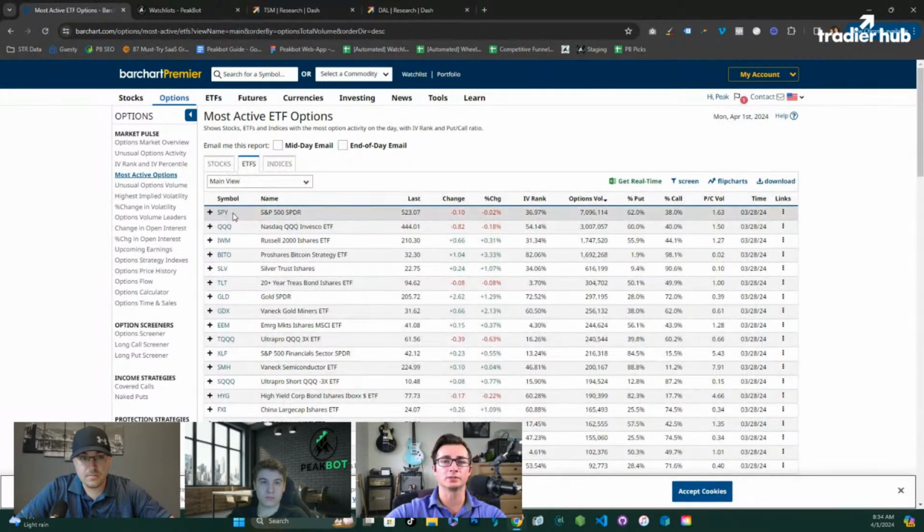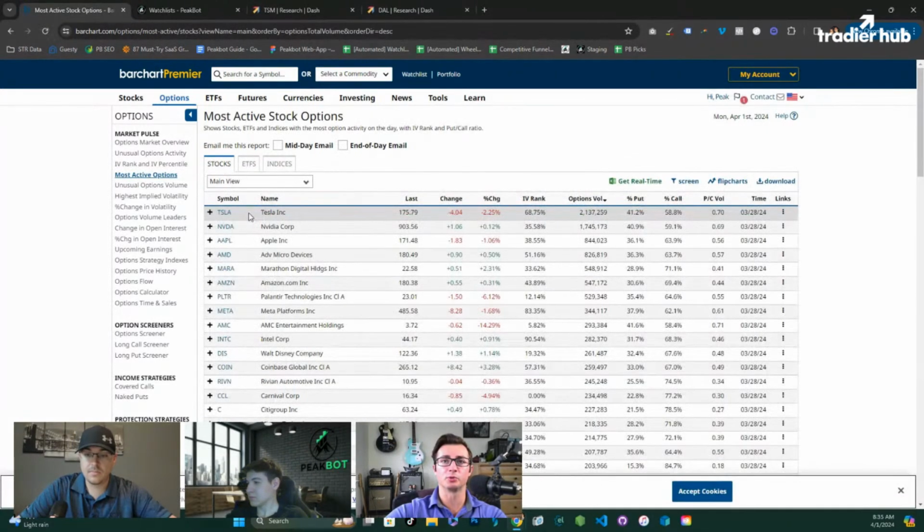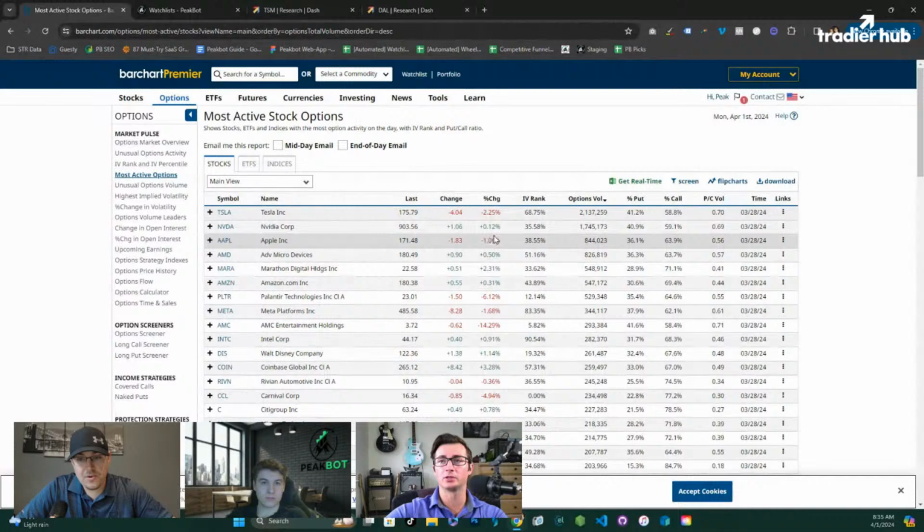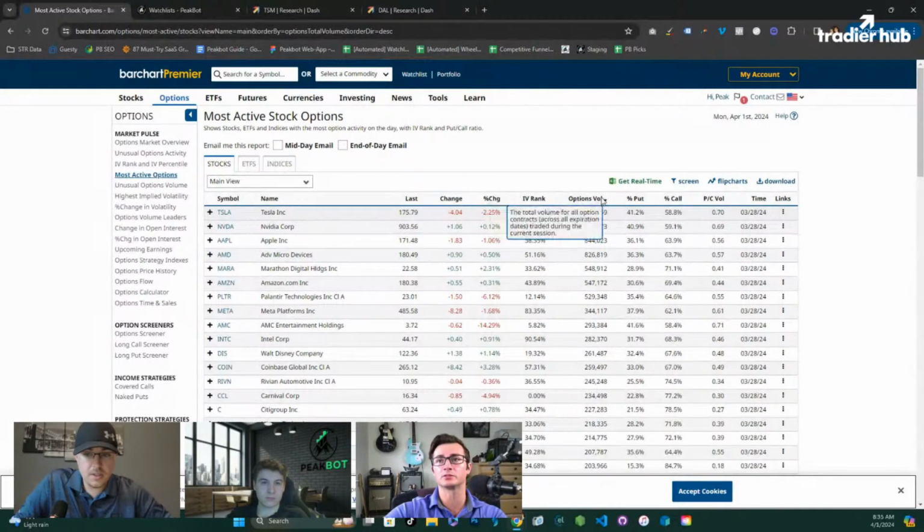So as we all probably know, up top, the most active options for ETFs, and then stocks. No surprise to see Tesla and AMZ all towards the top. Bank of America crept its way up there as one of the most active options chains as well. What we do from here is we just simply filter out anything with low volume, and we're defining low volume as right now less than 25,000 in this column here in options volume.